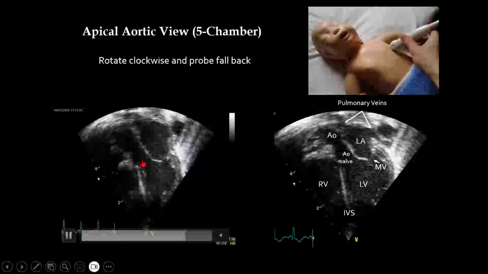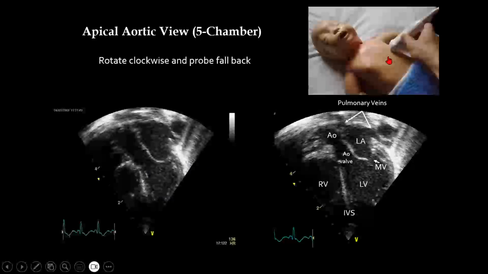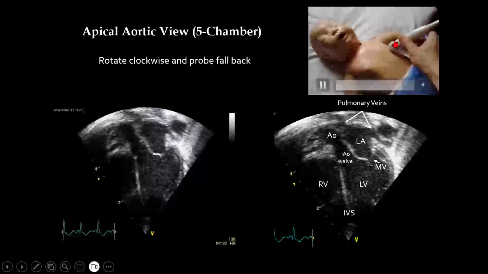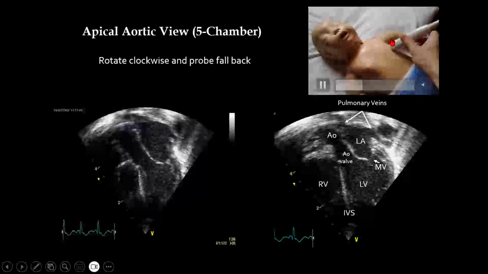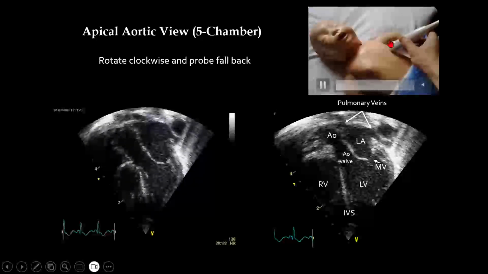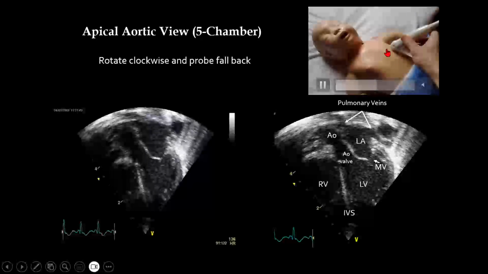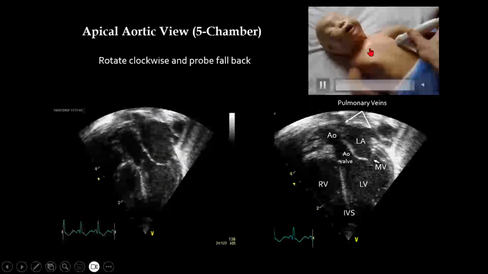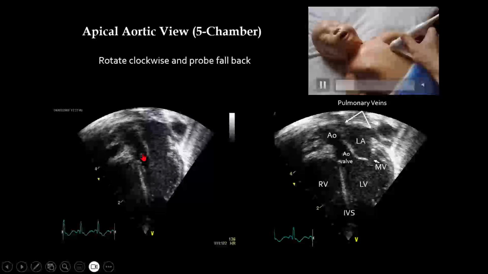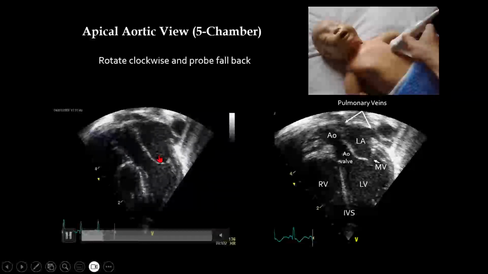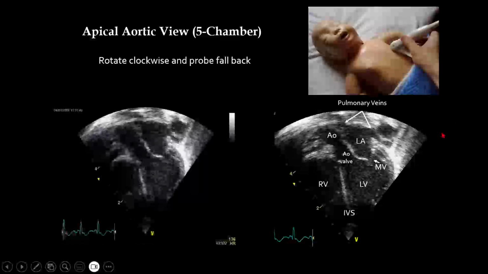So this is known as apical five chamber. The probe is at the same position, that is, the apical window. The only thing is, for apical four chamber it was facing at 2 o'clock. I've slightly rotated the probe from 2 to 3 o'clock and swept the foot of the probe upwards, anteriorly. And anteriorly, this aorta has opened up, and this is known as apical five chamber.